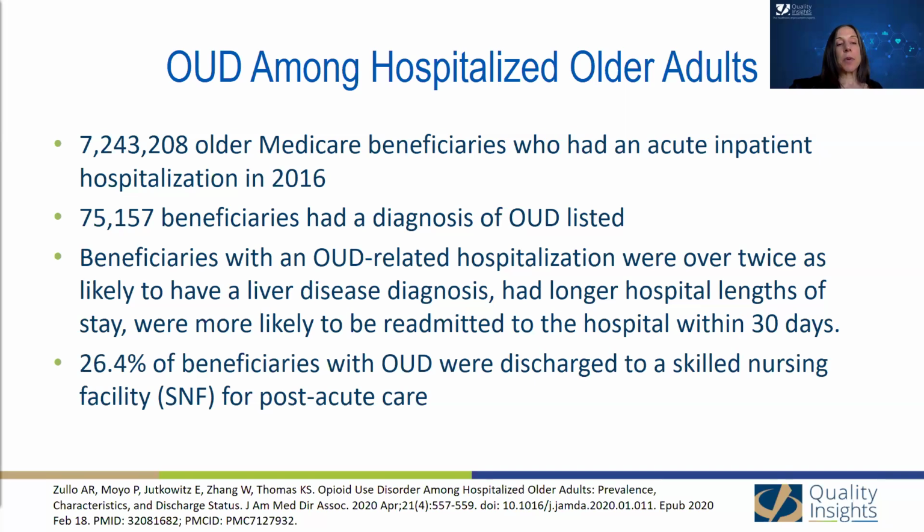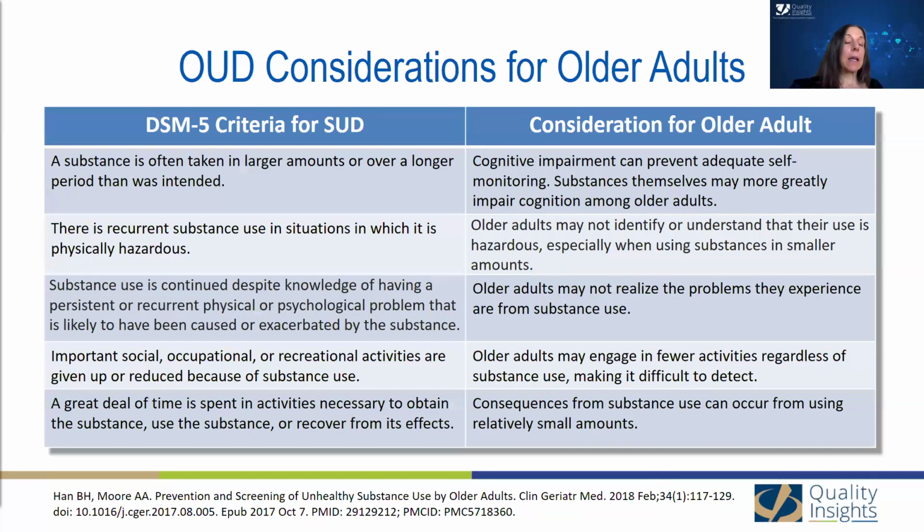And 26.4% of beneficiaries with opioid use disorder were discharged to a skilled nursing facility. So this was in 2016. So you can imagine, as more individuals get diagnosed with opioid use disorder, we're going to have more and more individuals needing stays in post-acute care, long-term skilled nursing facilities.